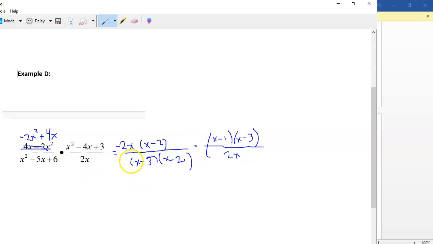Now, I factored everything. It's time for me to go ahead and smush. Okay, so I'm going to put everything together. In the numerator, I'm going to put all of that together. The 2x, the x minus 2, okay, times the x minus 1, times the x minus 3.